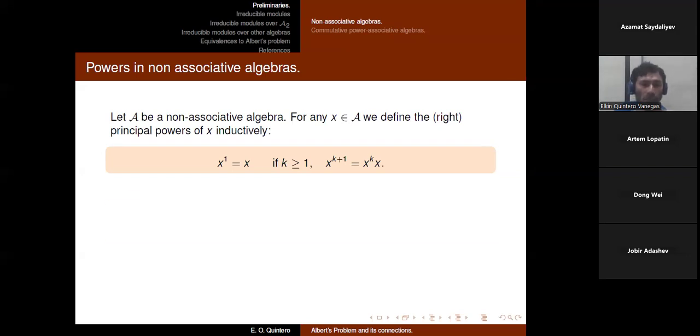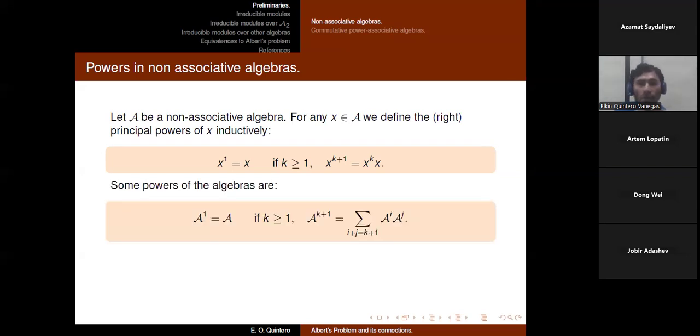Some powers of the algebra that we will use are the following. A to power 1 is just the algebra A, and for any k greater or equal than 2, A to power k plus 1 is the sum of all the subspaces A to power i times A to power j, with i plus j equal to k plus 1.